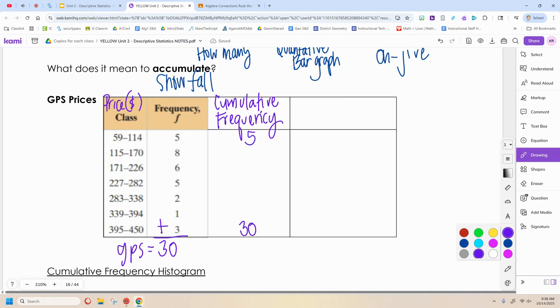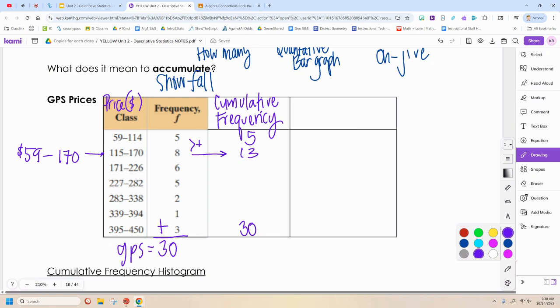But as soon as we put $59 to $170, right? We're going to have the 5, but we're going to have the 8. So we're going to add these two together, and we're going to get a total of 13. Does that make sense to everybody?